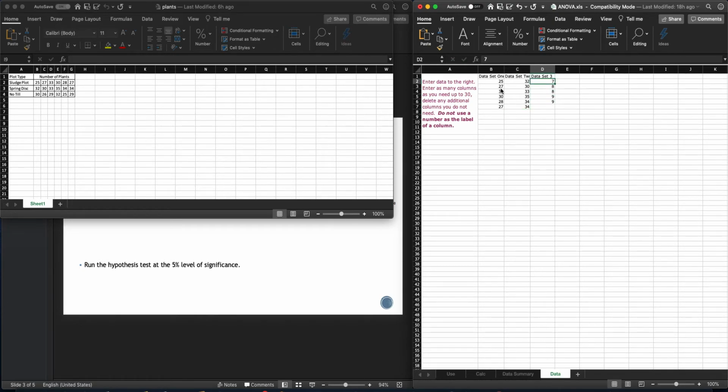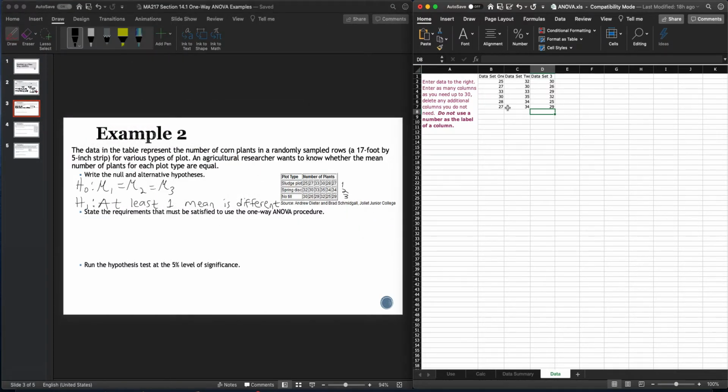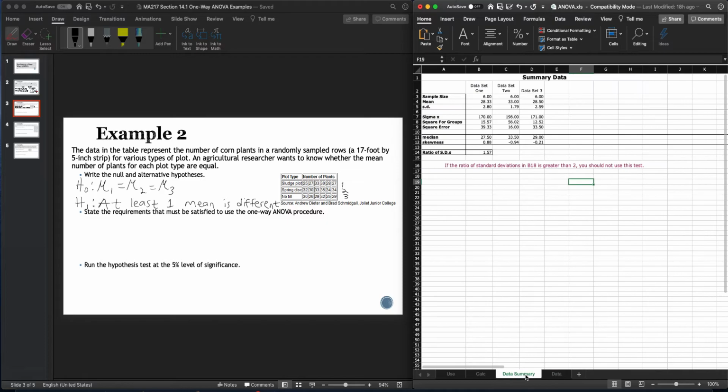Then for the third one, the no-till one, this is 30, 26, 29, 32, 25, and 29. Okay? So, putting that into Excel on here, we have our data summary, which shows these different values.